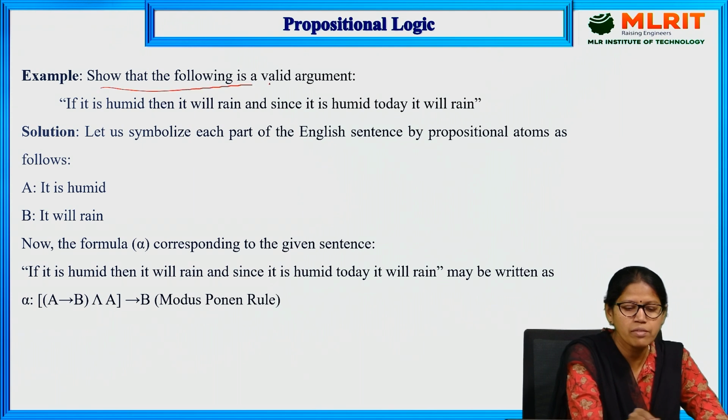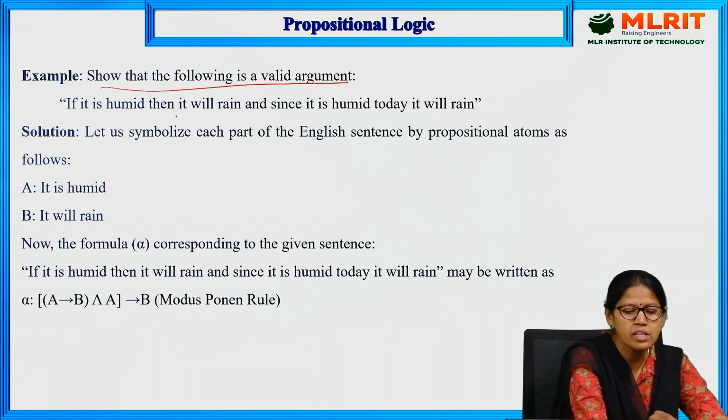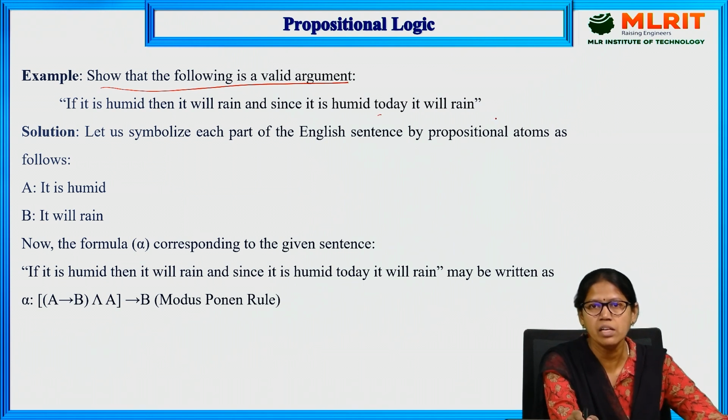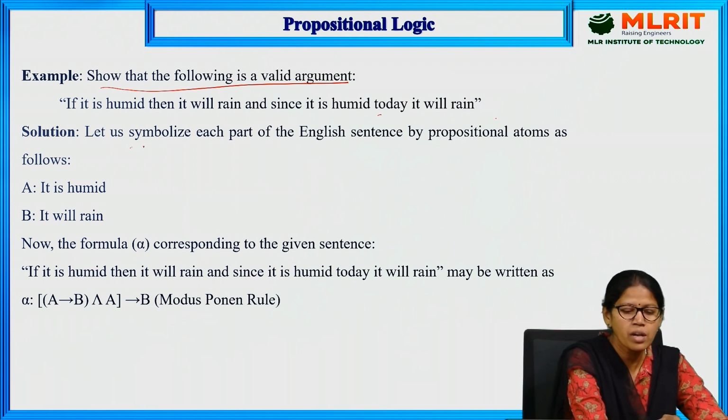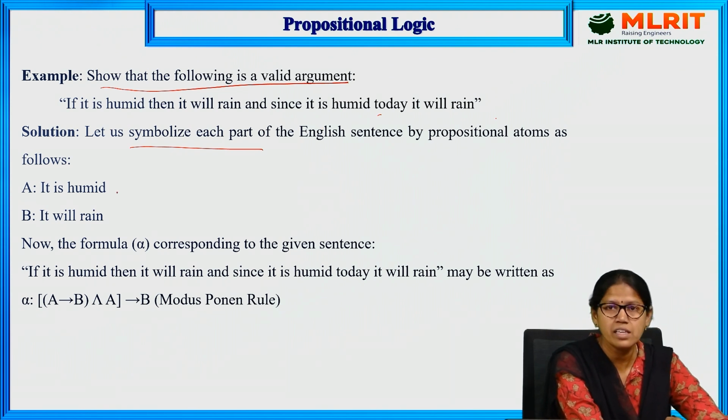Show that the following is a valid argument. If it is humid, then it will rain, and since it is humid today, it will rain. First we will symbolize each part of the English sentence. A equals it is humid, B equals it will rain.